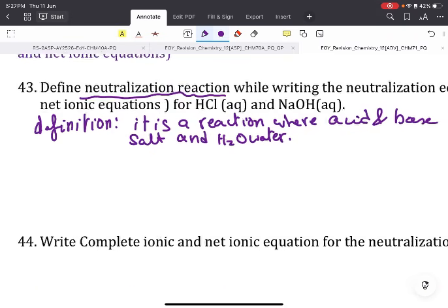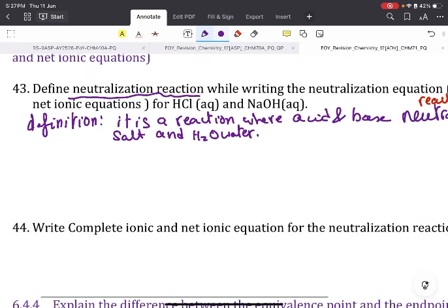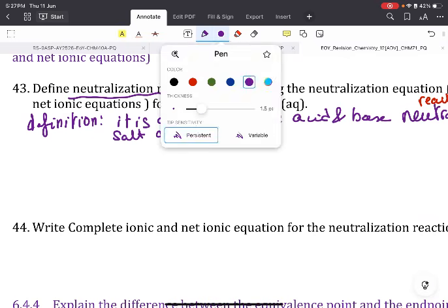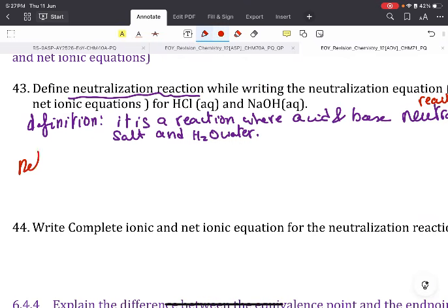So, the complete ionic and the net ionic. Now, the net ionic is an equation that I told you about. It's always the same equation, no matter what acid or base they give us. And if this question changes, the net ionic is not going to change.